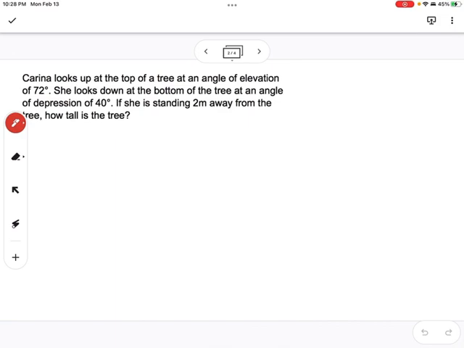Okay, so we have Karina. We have our tree. We have the horizontal. And we know that she's standing 2 meters away.